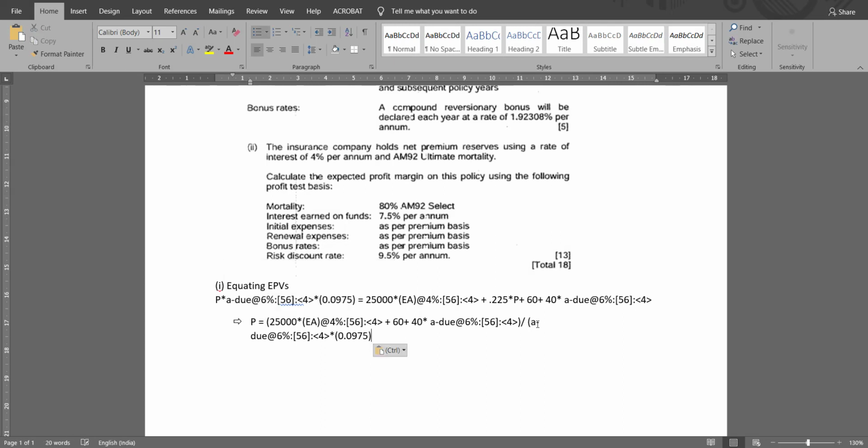Open a bracket, control V, paste it. Minus what? Why is this coming out as a hyperlink? Okay, so minus what? Minus, you have this term, this number, right?